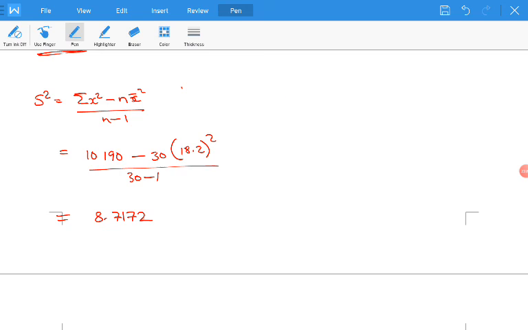The standard deviation is denoted by S and it is found by taking the square root of the variance, which is the square root of 8.7172. So the standard deviation is equals to 2.9525.